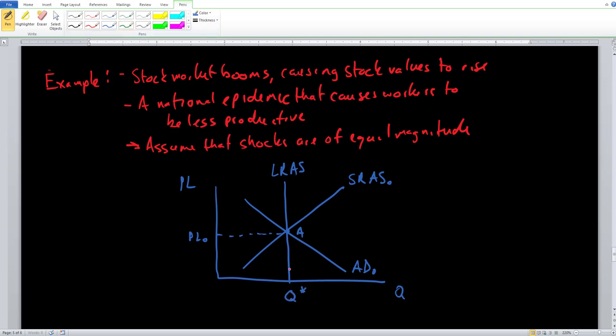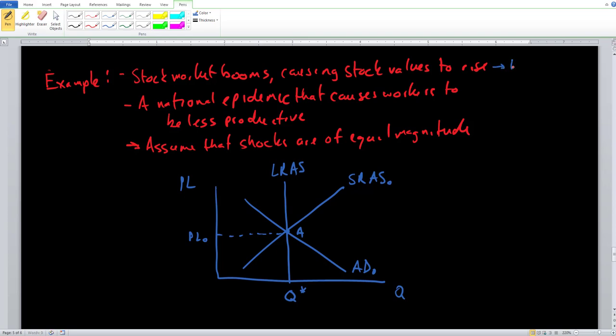So now we have to introduce both of these shocks at the same exact time, draw them out in the appropriate direction, and we'll know for sure exactly what happens with our equilibrium. Take each shock one by one. First shock, stock market booms causing your stock values to rise. Does this affect LRAS? Does this affect SRAS? Or does this affect AD? It's going to affect aggregate demand. It affects your consumption.